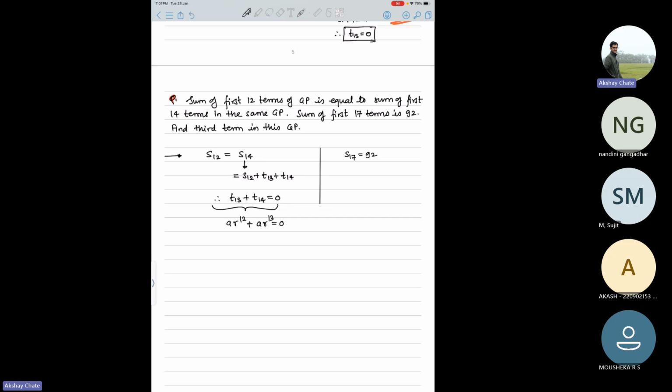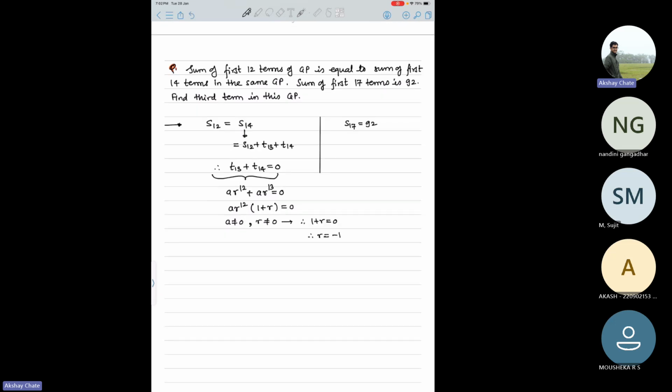You can take A into R power 12 common, so that will be 1 plus R equal to 0. A cannot be 0, because if your first term is 0, all the terms will be 0. R also cannot be 0, because then all the terms except the first term will be 0. So 1 plus R has to be equal to 0, which means your common ratio is minus 1.